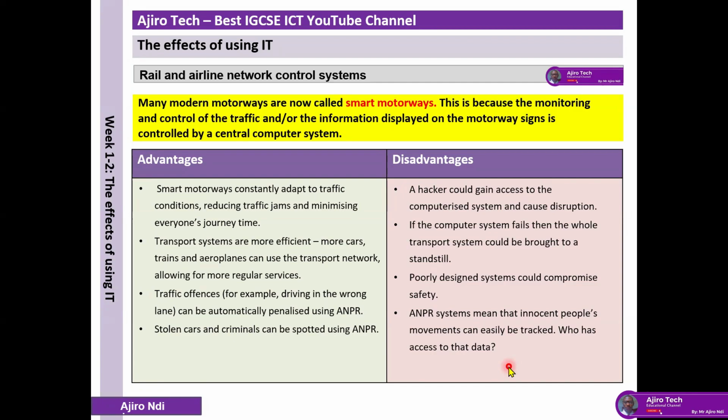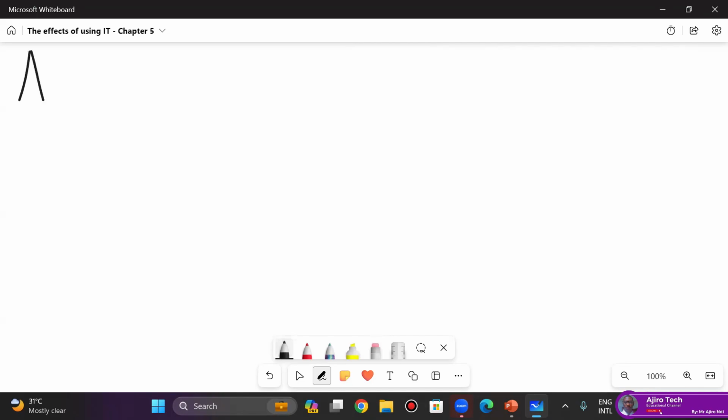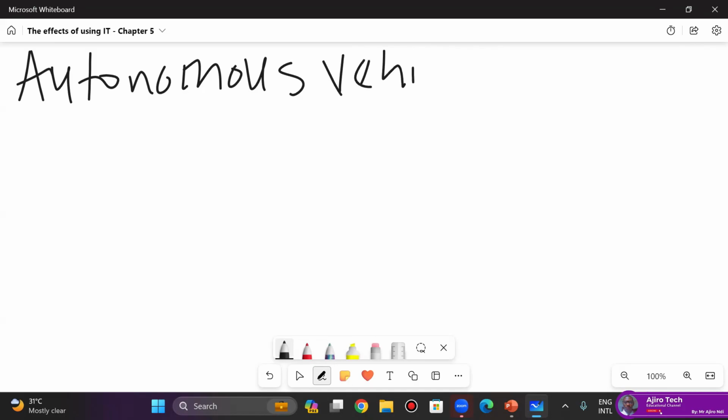The next thing I want to talk about is autonomous vehicles in transport. The word autonomous, can you help us? When we talk about autonomous, what do we mean?